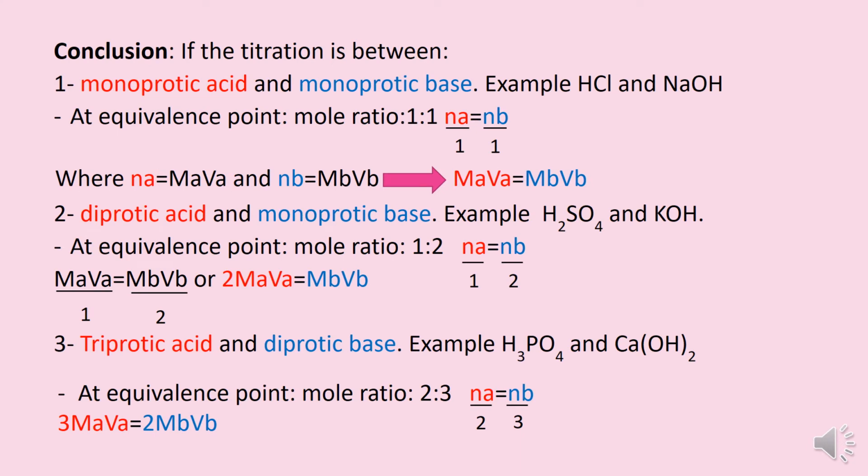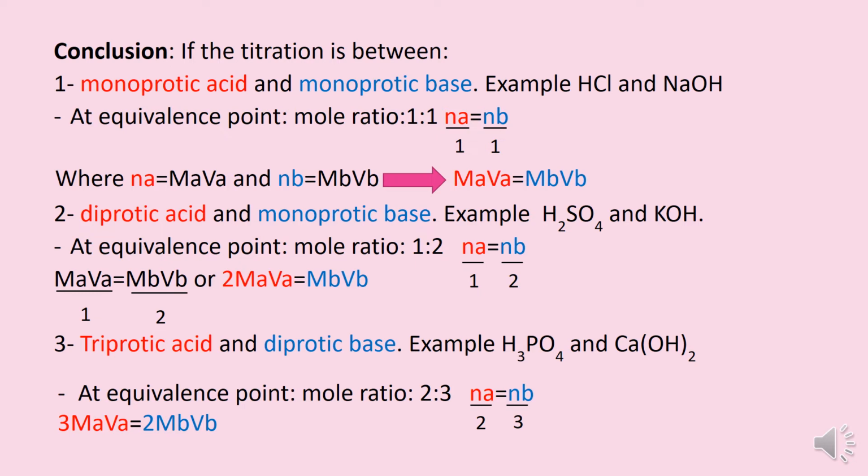Now, the conclusion of what we explained. If the titration is between a monoprotic acid and a monoprotic base, for example HCl and NaOH, let's recall what we mean by a monoprotic acid. Like HCl, it is an acid that consists of one H+.